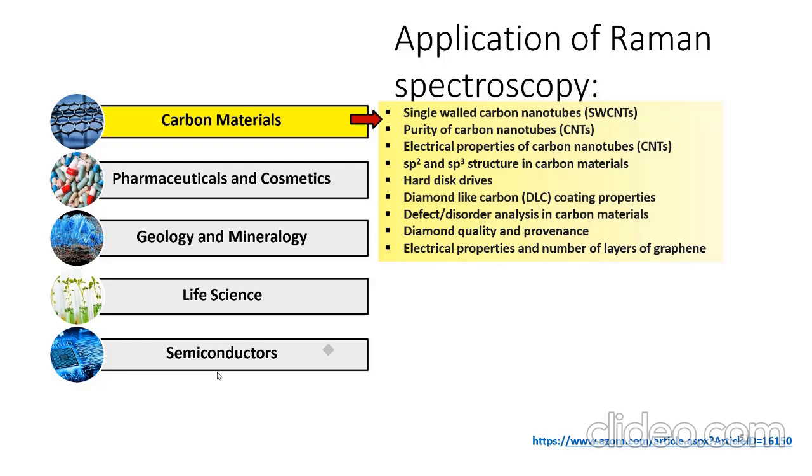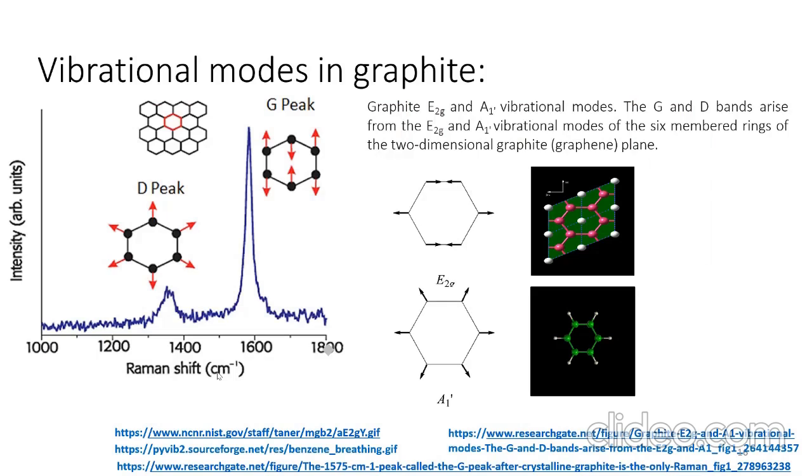The electrical properties of the carbon nanotubes can be checked, the sp2, sp3 structure, whether it is a diamond-like structure or coating, and whether defects are there. So those kinds of applications are there for Raman spectroscopy.